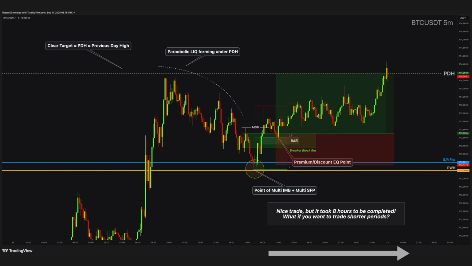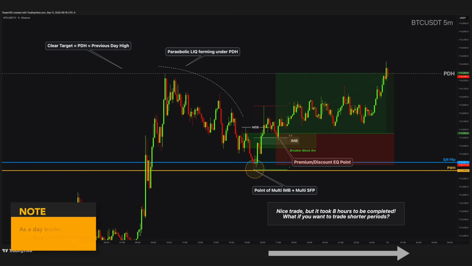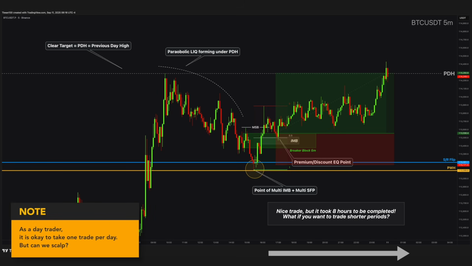After all, you are a day trader, so that approach makes sense. I don't see a major problem with it. But here is the question. What if you are aiming for shorter time frames? What if you are more interested in quick scalping opportunities instead of holding trades for hours?